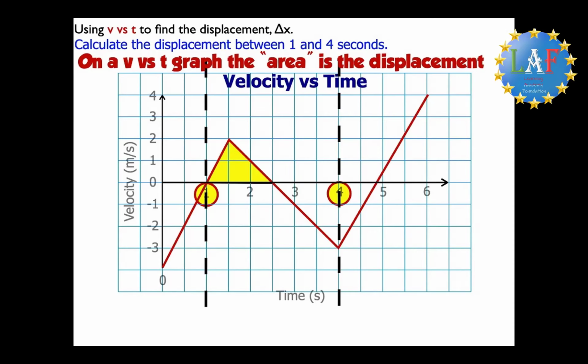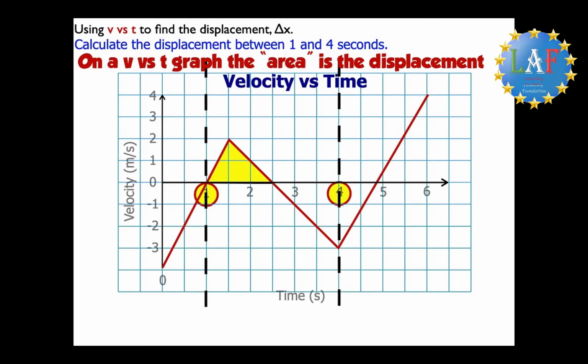Okay, so what is the area of a triangle? Let's take from 1 to 2.5. So that is 1.5. Half times 1.5 times 2 is 1.5.